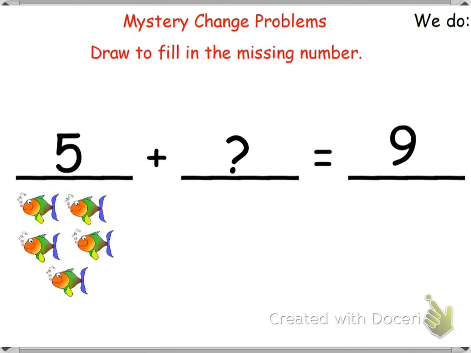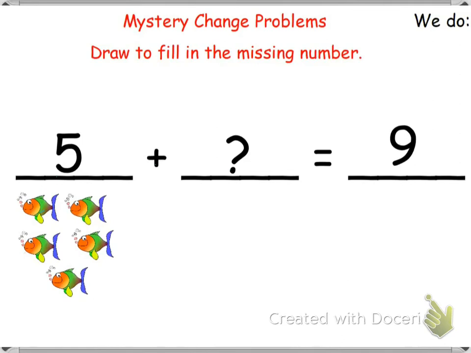Now let's do one together. You can write this number sentence on a blank sheet of paper, and you can just write 5 plus blank equals 9. So you don't have to put the little question mark if you don't want to. So 5 plus some, we don't know how many, equals 9.